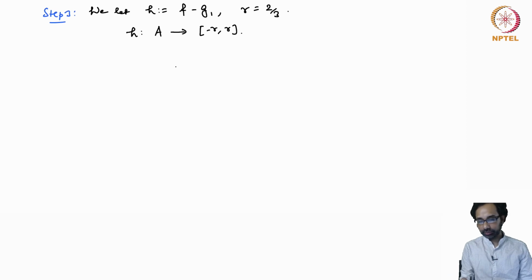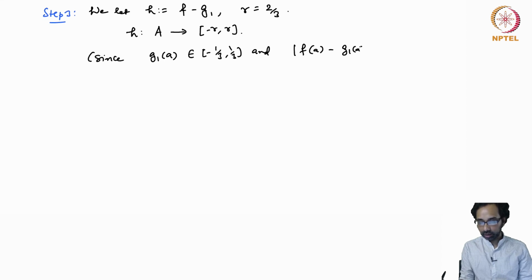This is simply because of the properties of f and g1. So since g1 of a belongs to the interval from minus 1 by 3 to 1 by 3, and modulus of f a minus g1 a is less than or equal to 2 by 3.